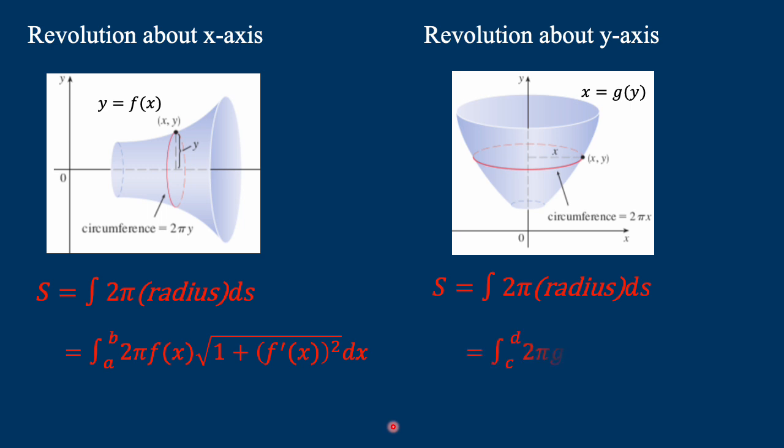So we have the integral from c to d of 2 pi g(y) square root of 1 plus g prime of y squared dy. Both formulas come from the same idea. Each tiny arc sweeps out a thin cylindrical strip, and integrating those strips gives the full surface area.